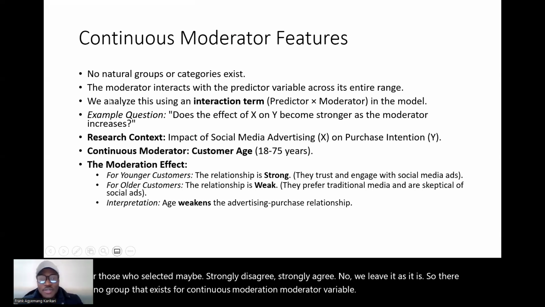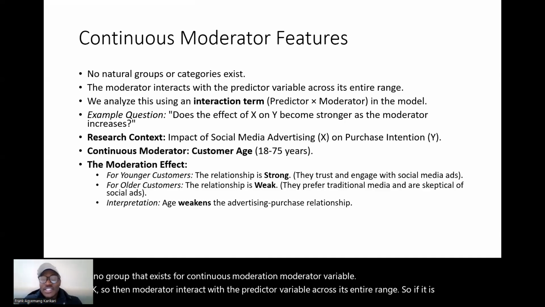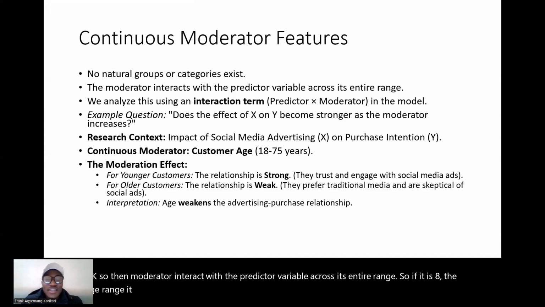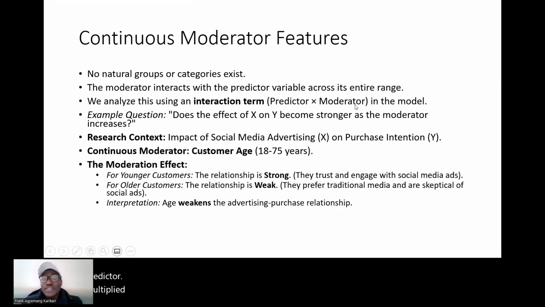The moderator interacts with the predictor variable across its entire range. So if it is age, it interacts with the age range. And then we analyze this using the interaction term, that is the predictor multiplied by the moderator variable. This one, the software does it.